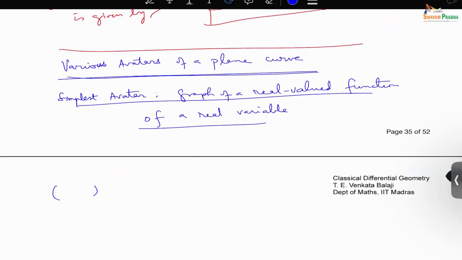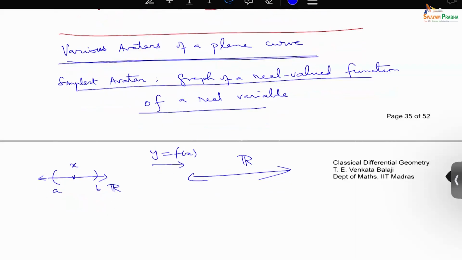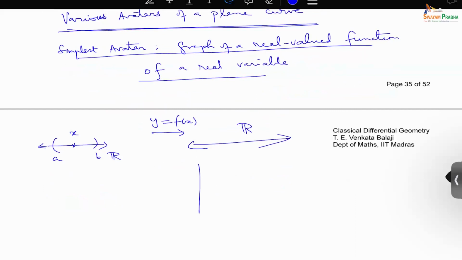Basically, you take some open interval on the real line, and you have an x here. Usually we use x and y, so let me use x and y. Then you have this function y equals f of x, which goes again into the real line. Then you plot the graph of this.